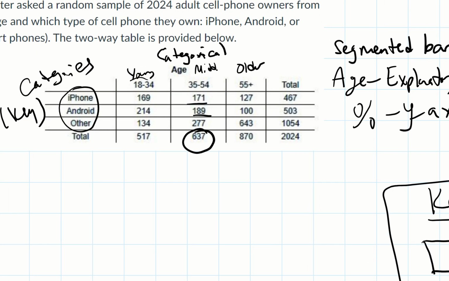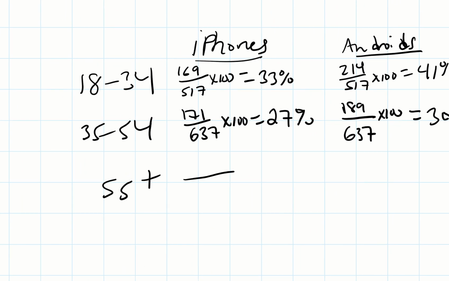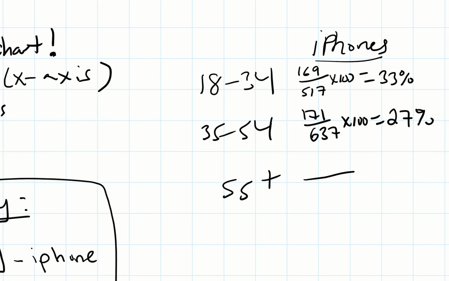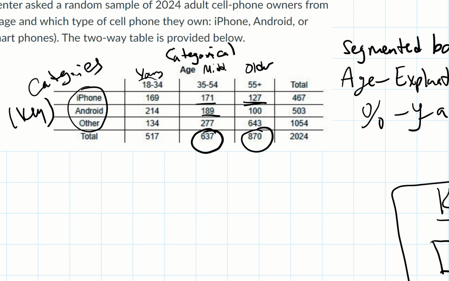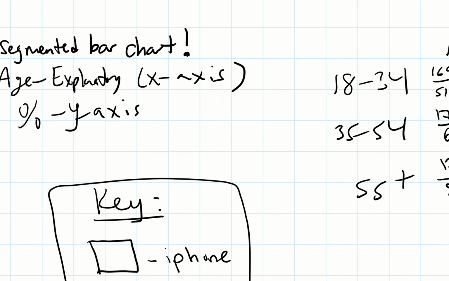55 plus, so 870 people, 127 use iPhones. So that's about 15%. And then 100 use Androids.